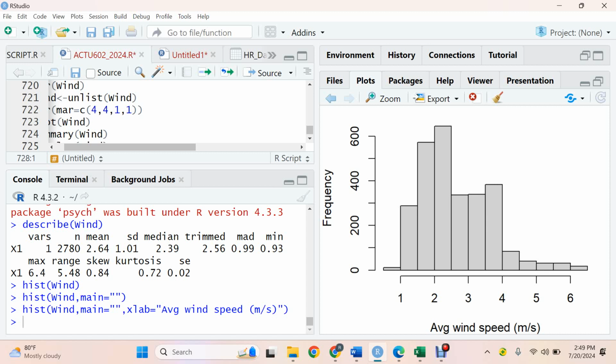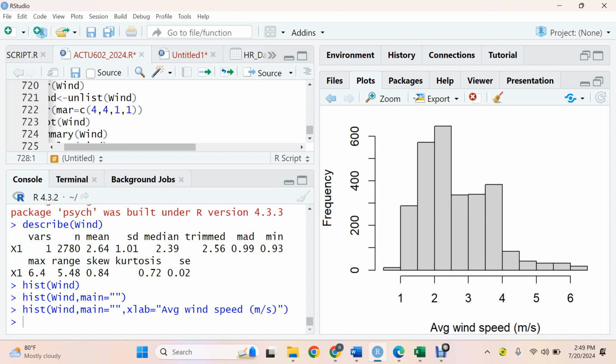So that's one. What else? And only a few of the larger wind speeds, yeah. Outliers actually. We don't have any outlier at the lower end.